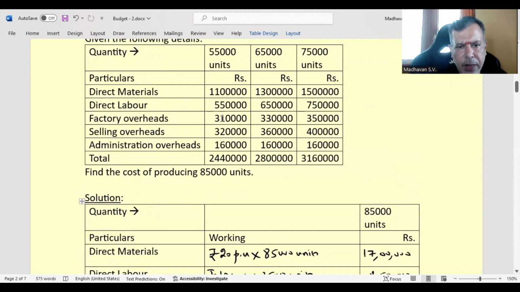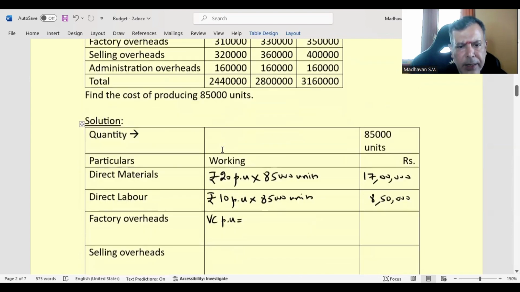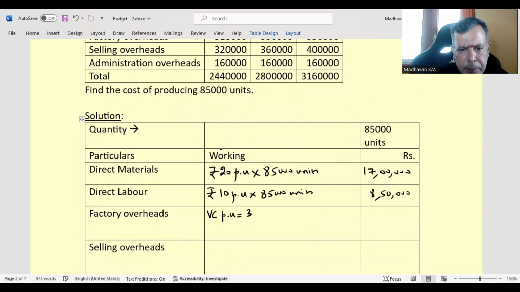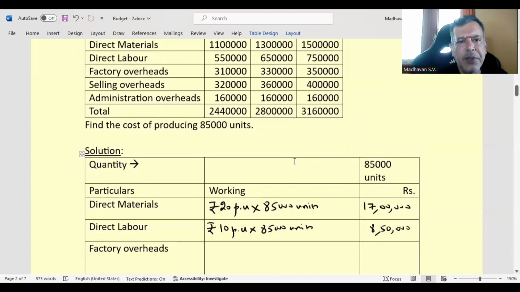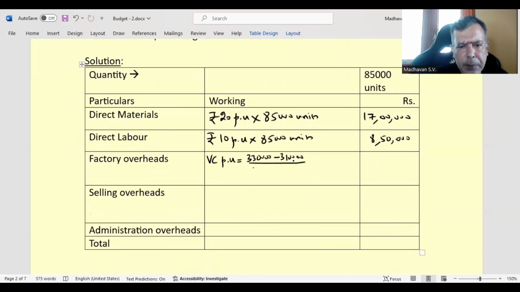Let us see here factory overheads, 3 lakh 30,000 minus 3 lakh 10,000, divided by change in the quantity, that is 65,000 minus 55,000. In the numerator, we get 20,000.